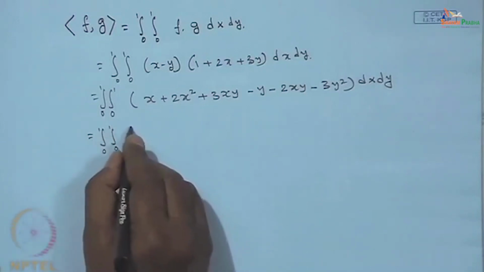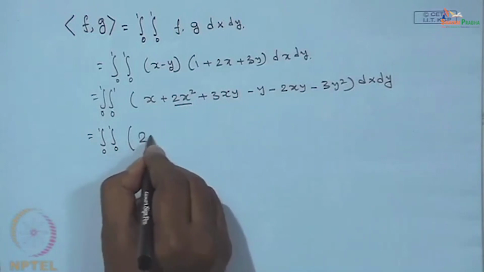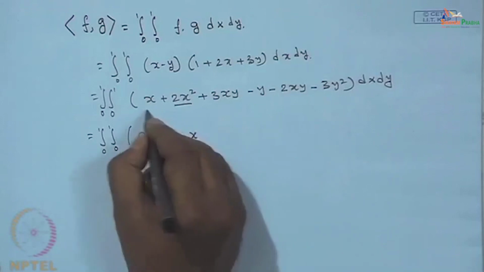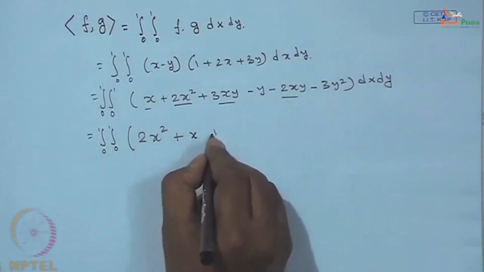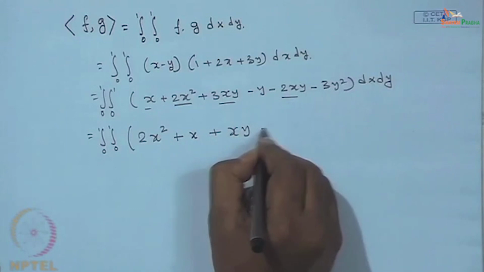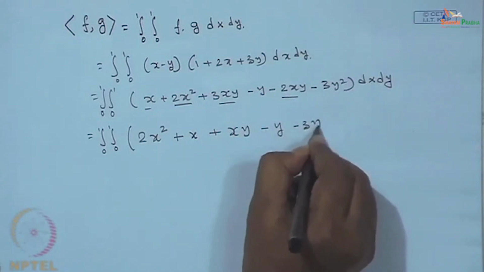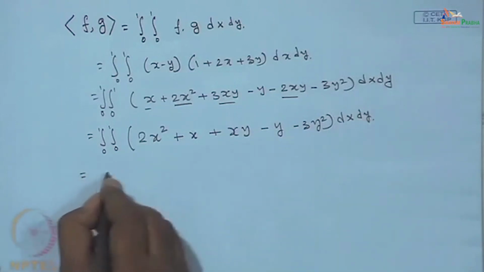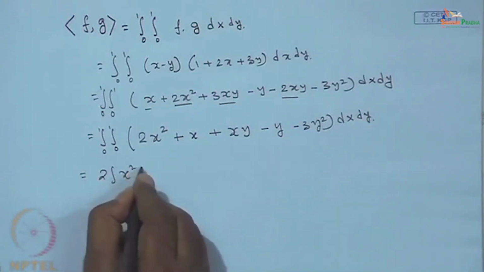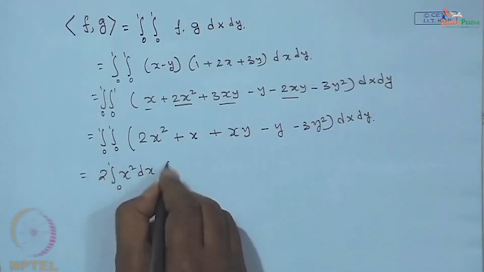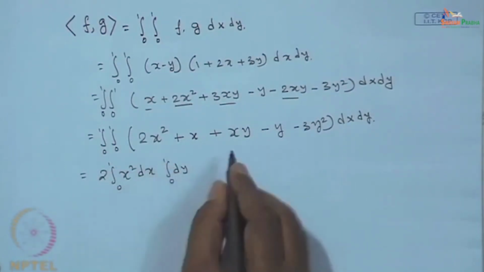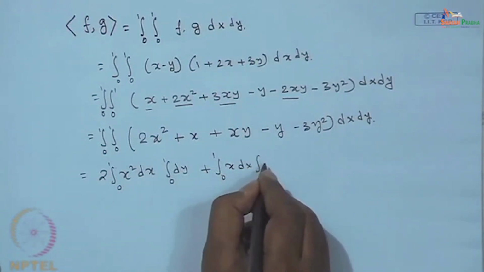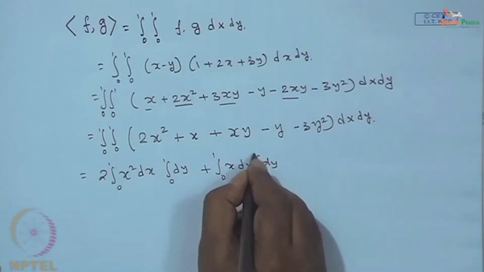Okay. So, this will be 2x square plus x plus 3xy minus 2xy, so plus xy, minus y, minus 3y square, dx dy. So, 2 integral x square dx, integral dy from 0 to 1, plus integral from 0 to 1 of x dx, integral dy from 0 to 1.